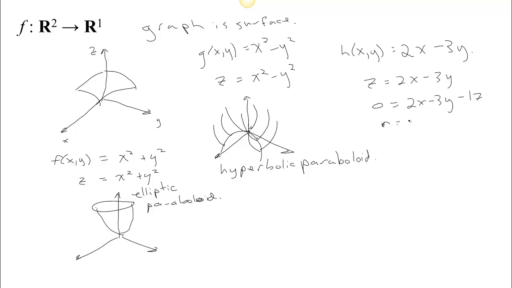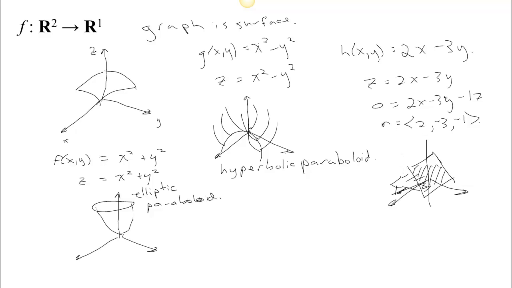The normal to this plane is given by the coefficients of x, y, and z: 2, negative 3, negative 1. So our normal comes out 2, goes back 3, and goes down 1. This is our normal, so the plane we're talking about goes through the origin and is perpendicular to the normal that we read off from the equation.